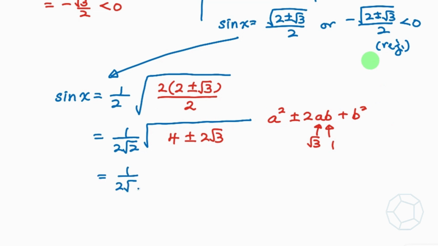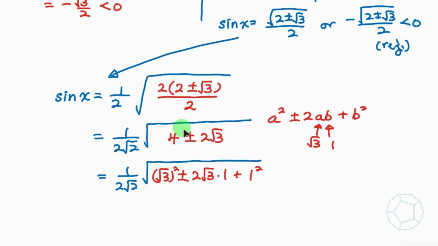Next, it is equal to 1 over 2 root 2. So for the middle term, it is plus or minus 2 times square root 3 times 1. And fortunately, a squared, root 3 squared, and b squared, 1 squared, the sum is really equal to 4. Therefore, we obtain this form, which is a perfect square, (a plus or minus b) squared.